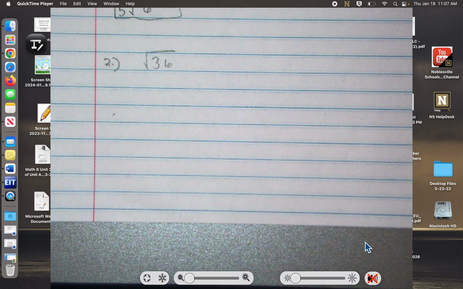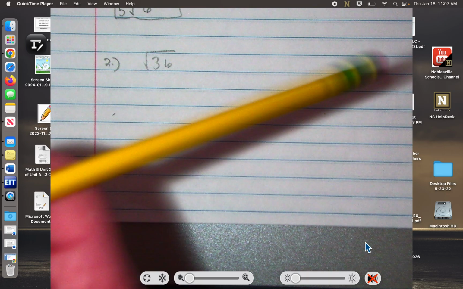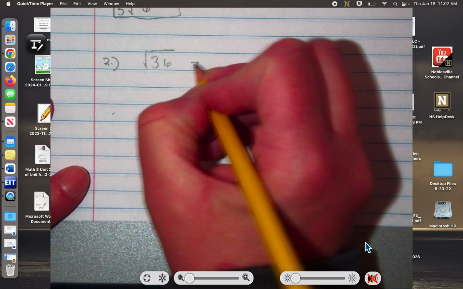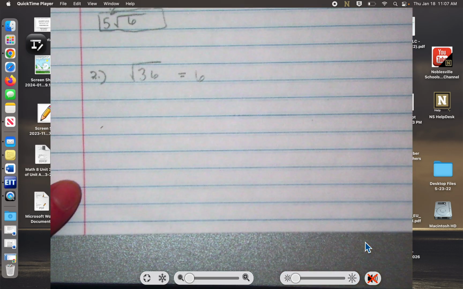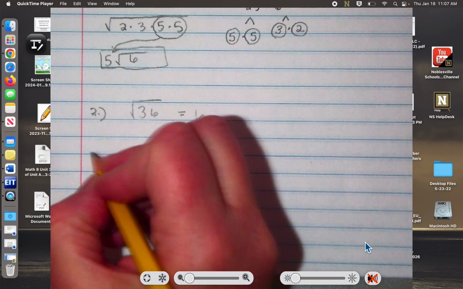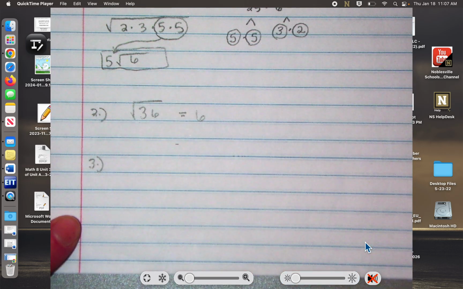What's special about this number? It's a perfect square, right? So what's the square root of 36 going to be? 6. Did I have to do a factor tree for that? Nope. Okay. Let's try another one.